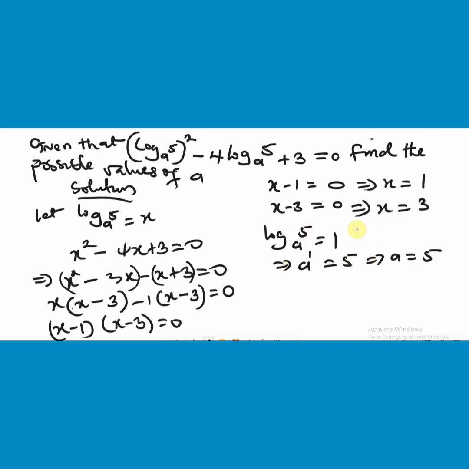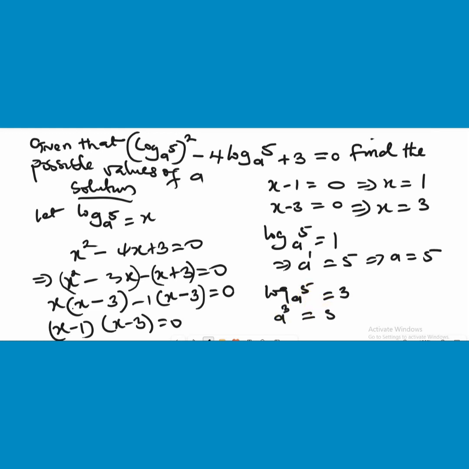I'll do the same when x is 3. That is going to be log_a 5 is equal to 3. Then, using the exponential law, this is going to be a raised to the power of 3 is equal to 5.